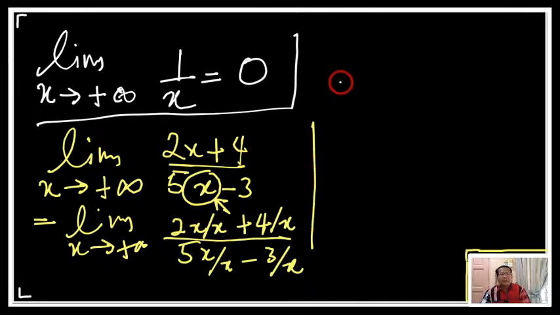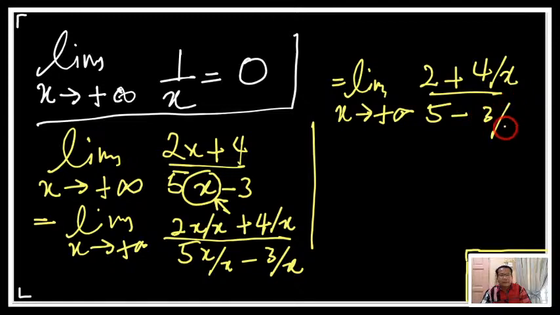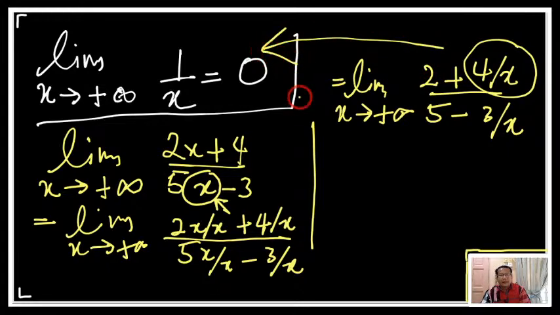Okay? So it is equal to the limit as x approaches positive infinity of 2 plus 4 over x, over 5 minus 3 over x. So this part is 0 from this formula. This part also 0.